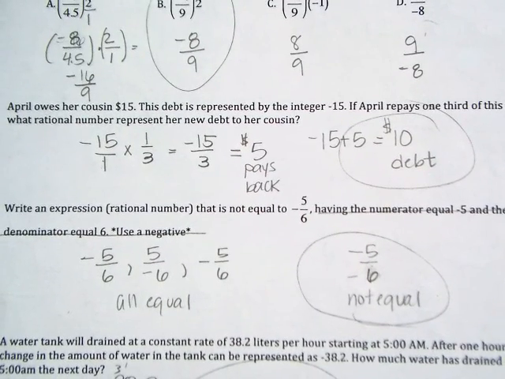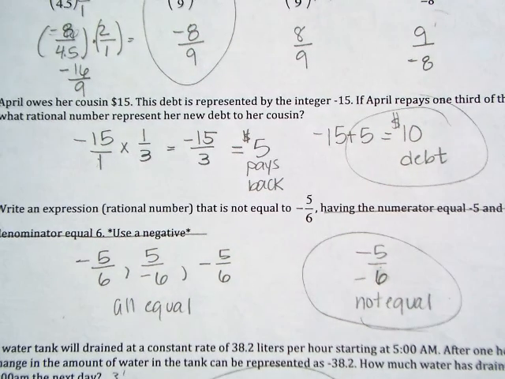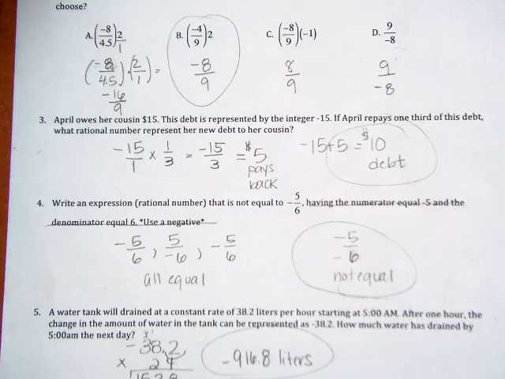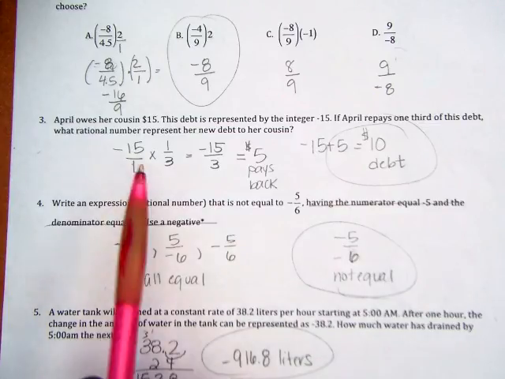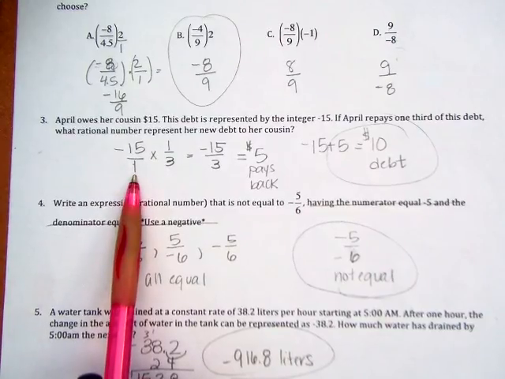For the third one, April owes her cousin $15. The debt is represented by the integer negative 15. If April repays 1/3 of this debt, what rational number represents her new debt to her cousin? Well, we've got negative 15 times 1/3, so you've got to do it over 1.